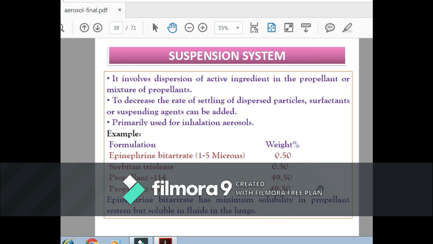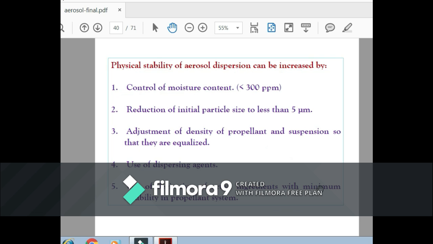Reducing the size decreases the rate of settling of the dispersed particles, and we require adding a surface active agent to avoid settling of the drug. Epinephrine bitartrate is the choice of drug for this kind of system.